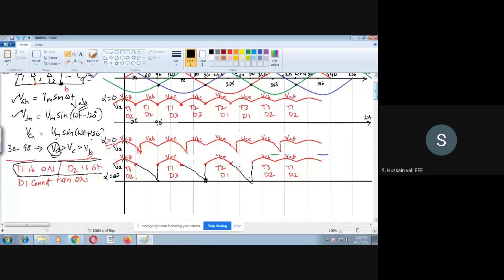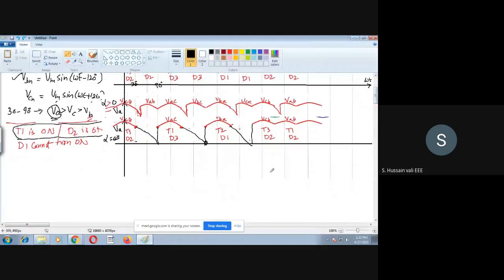Now I will take alpha is equal to 90. If I take alpha is equal to 90, what will happen in that case?